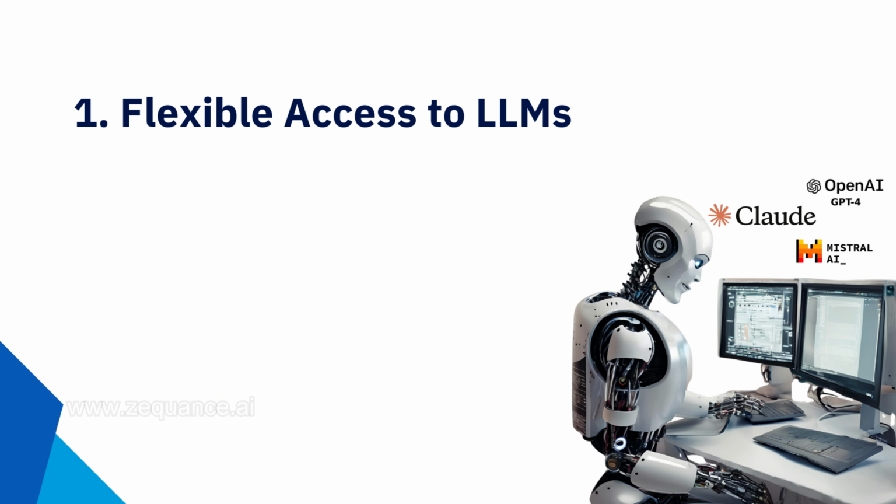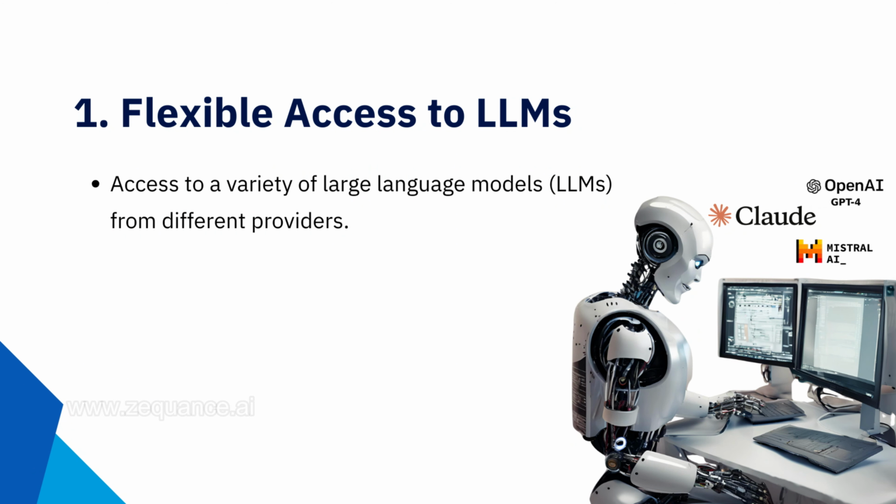Flexible access to large language models. The Generative AI Hub offers flexible access to a variety of large language models from different providers, which allows users to select the best model for their specific needs. Some practical examples of how this flexible access can be used are model selection.